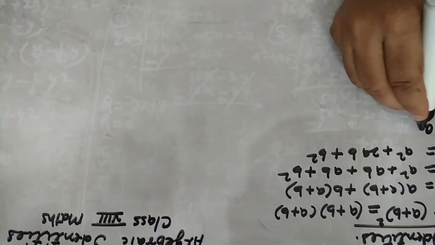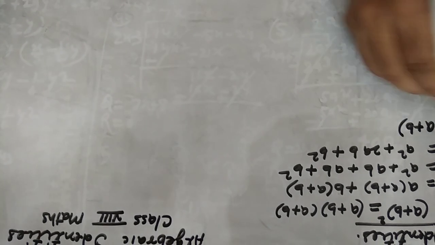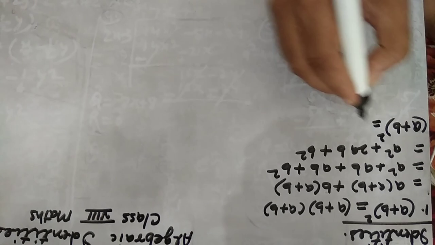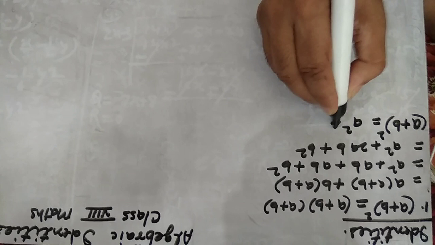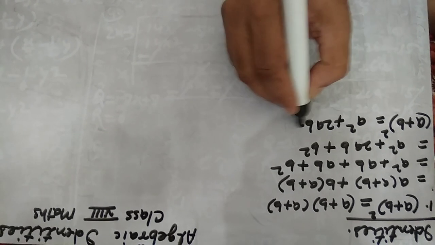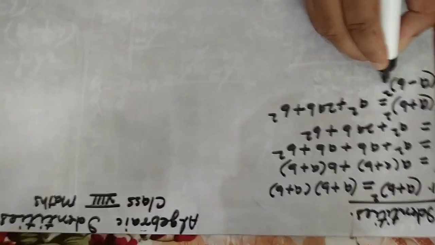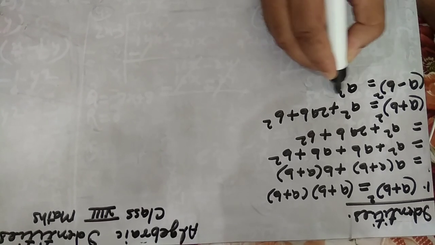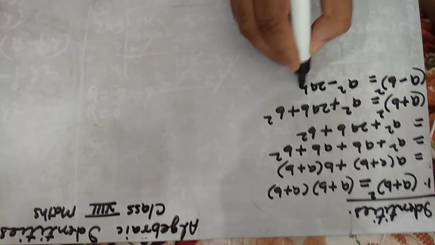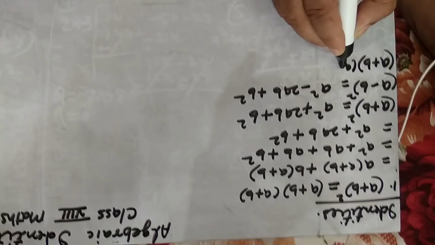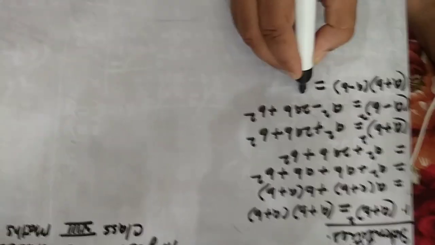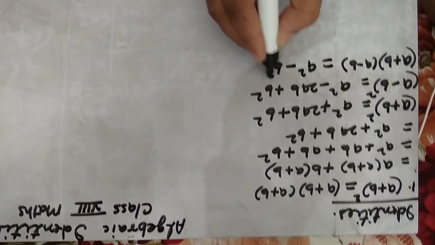So students, we have to learn the identity. We have (a plus b) square is a square plus 2ab plus b square. Similarly, you can find out (a minus b) square is a square minus 2ab plus b square, and (a plus b) (a minus b) will be equal to a square minus b square.